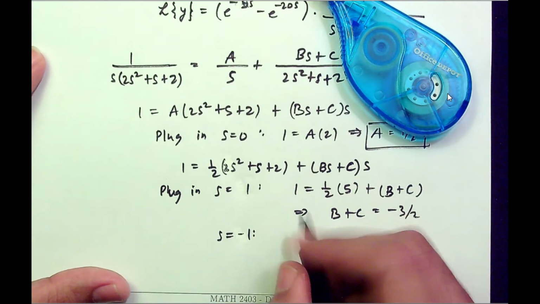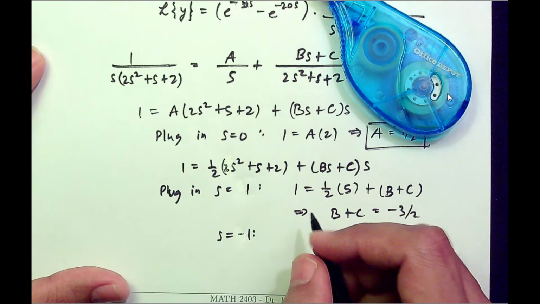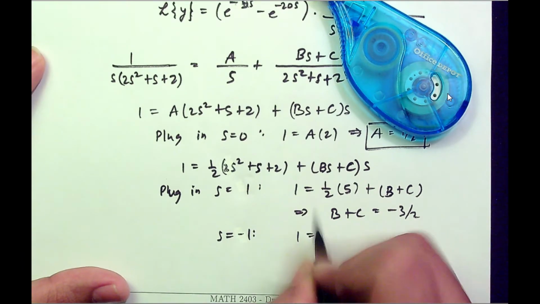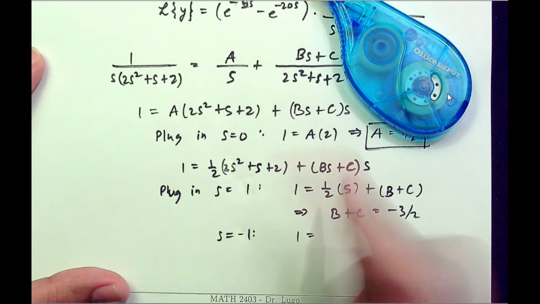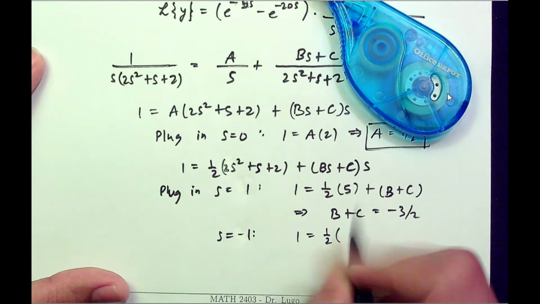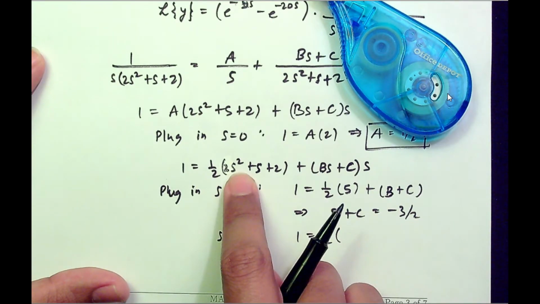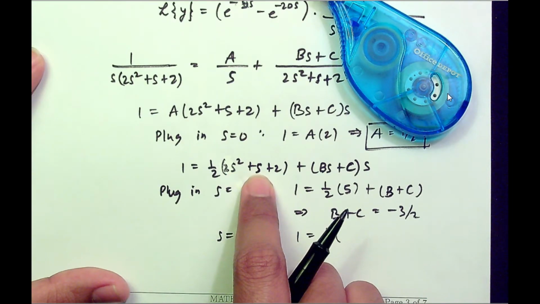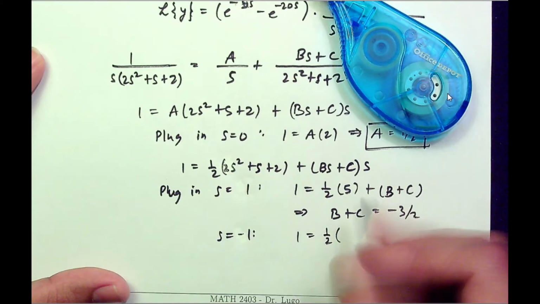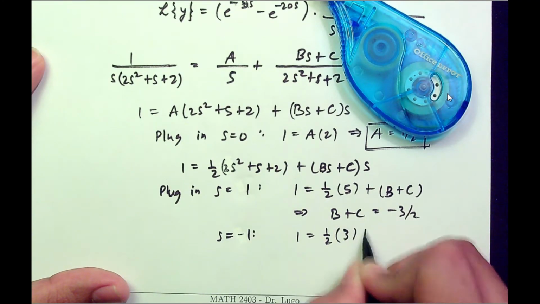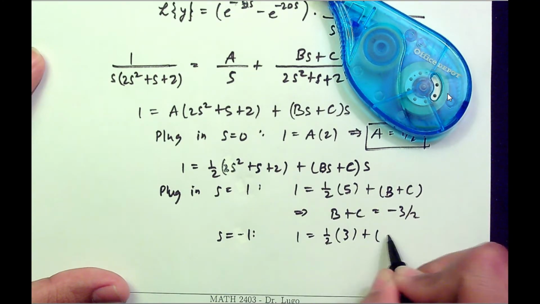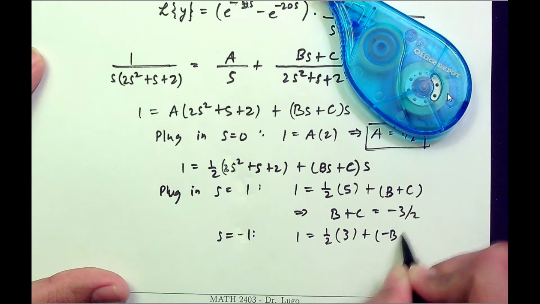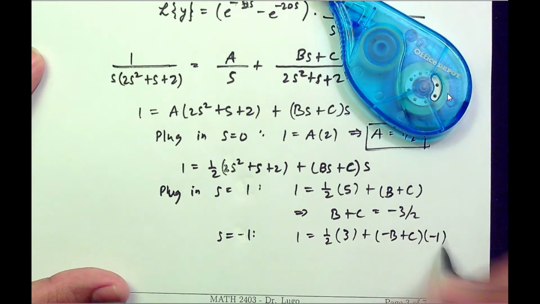So plugging in -1, we're going to get 1 equals, plugging in -1 here, 1 half times -1 squared is +1, so 2 plus -1. 2 plus -1 is 1, plus 2 is 3. And then -1 there, that's going to give us -b plus c times -1.